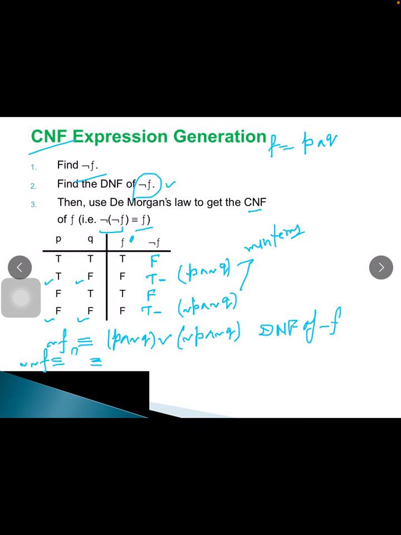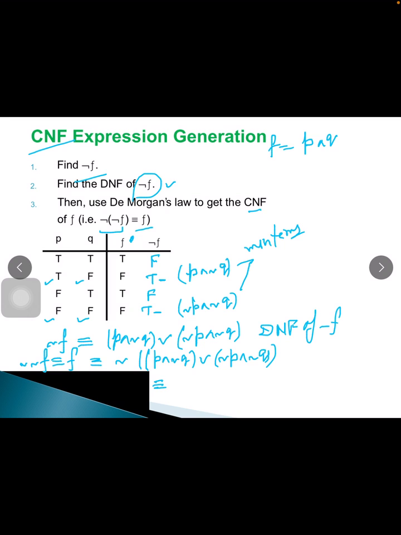First we take the negation of negation of F, which is equivalent to our F. So we take the negation of the whole of this: P and negation of Q, or negation of P and negation of Q. Now we have a negation before the braces, so we use De Morgan's law.